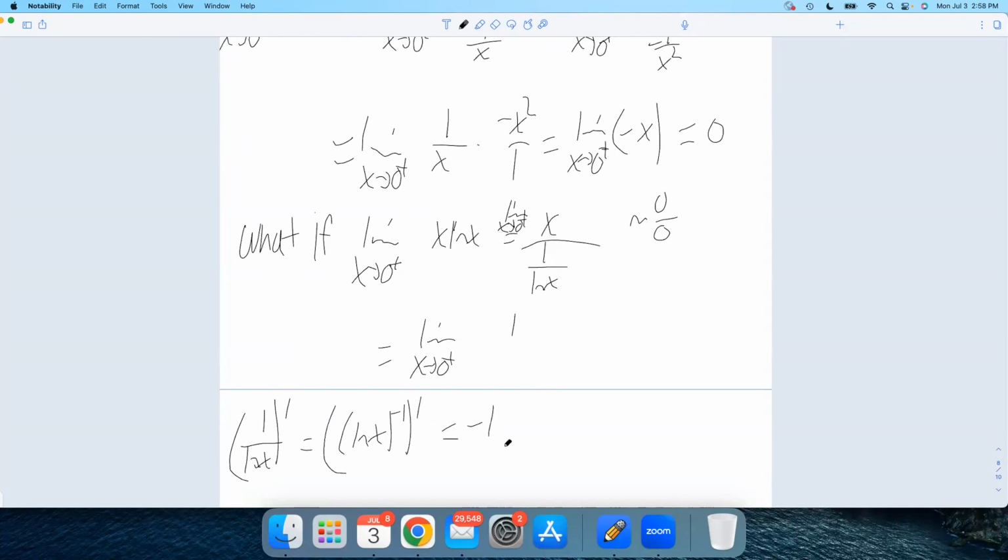That would be negative 1 times leave the inside alone to the negative 2 times the derivative of the inside. So the derivative of 1 over ln of x would be negative 1 over ln of x quantity squared times 1 over x.